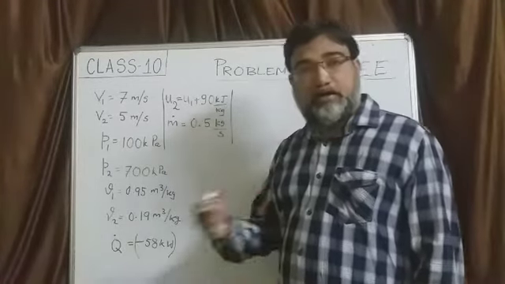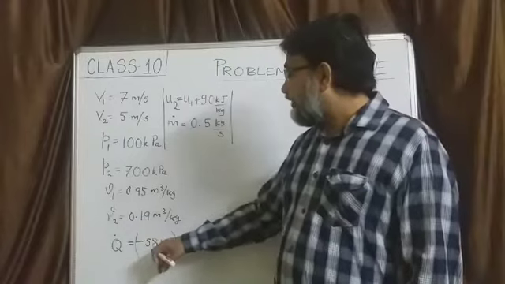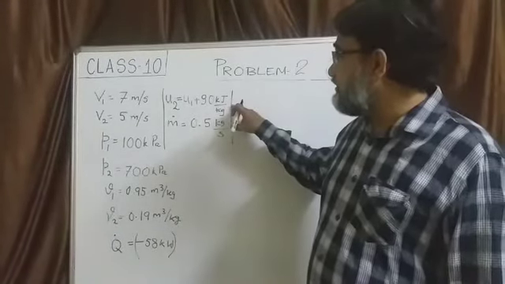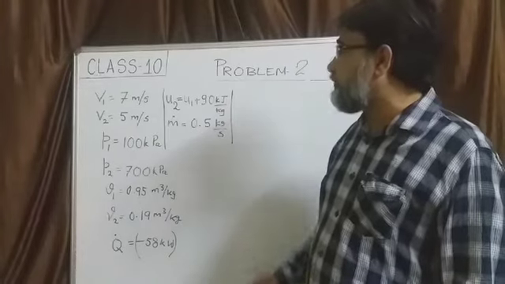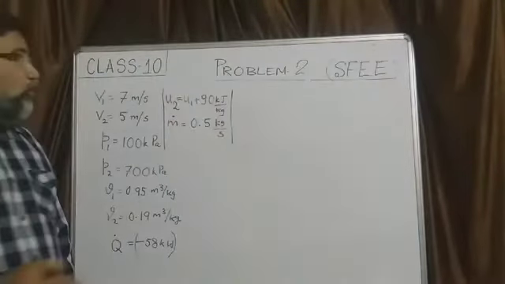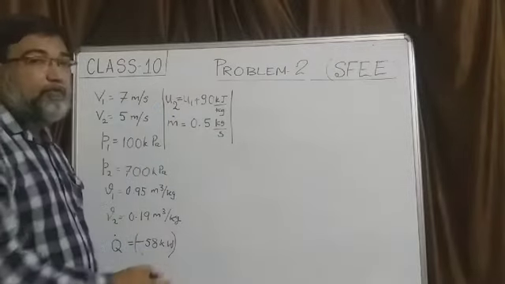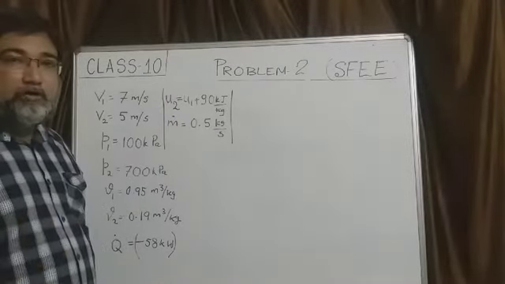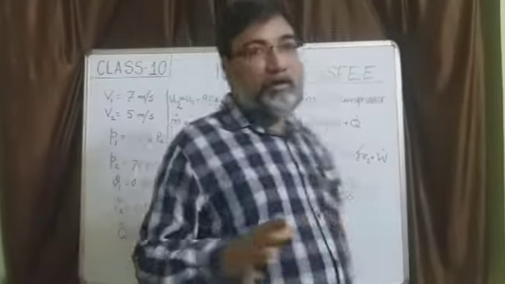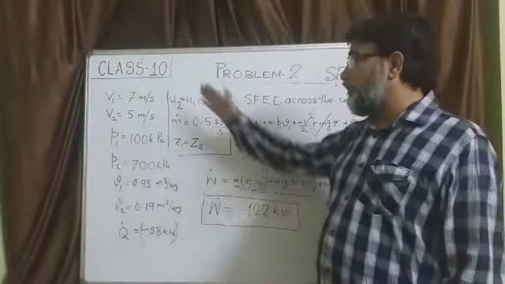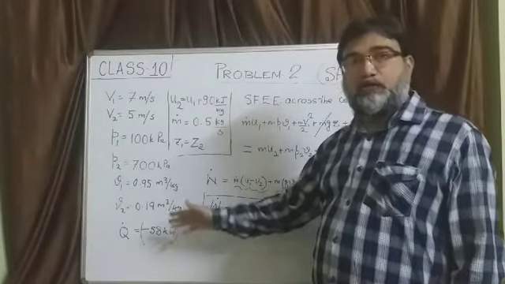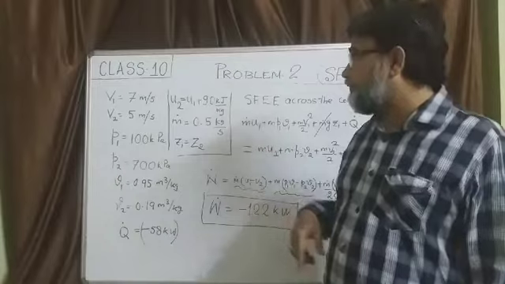Q dot is the heat transfer out, minus 58 kilowatt, this is kilojoules per kg, and this is kg per second. So now I am equipped with all the given information provided to me. We now have all the information listed for this particular problem.